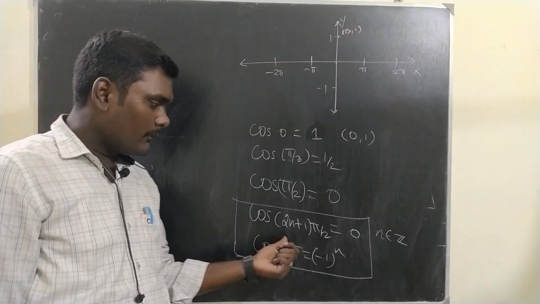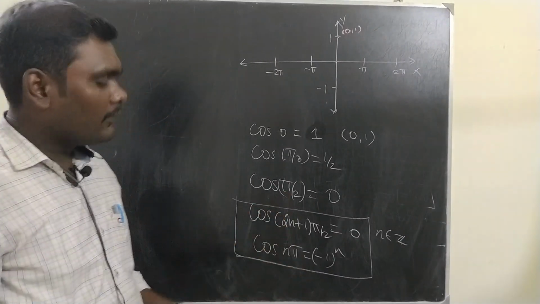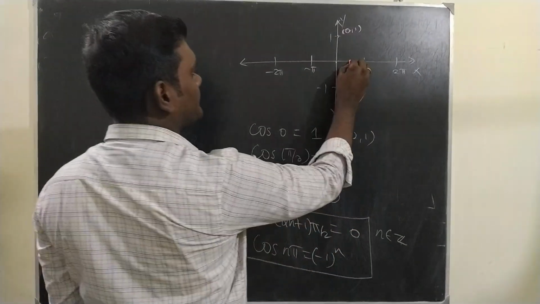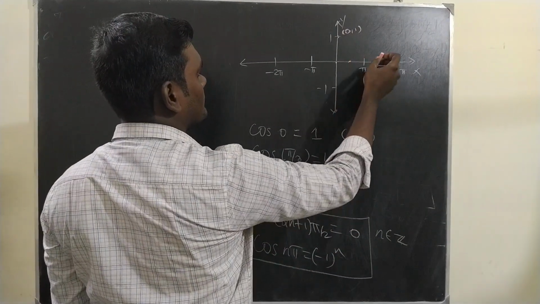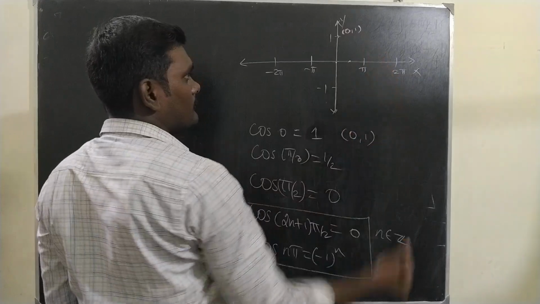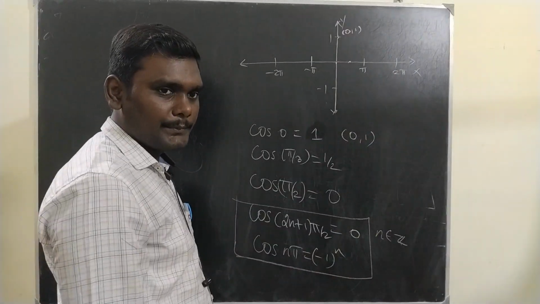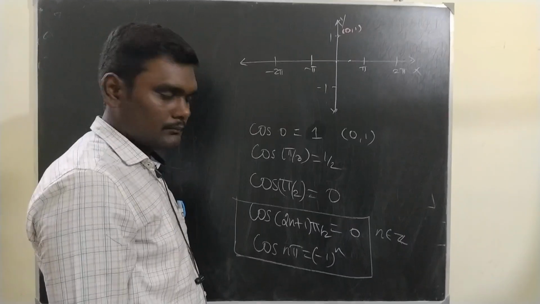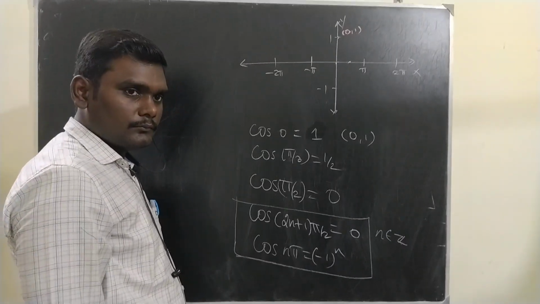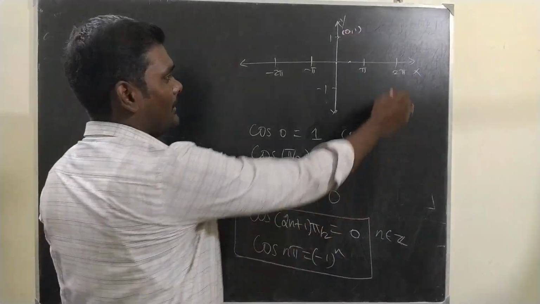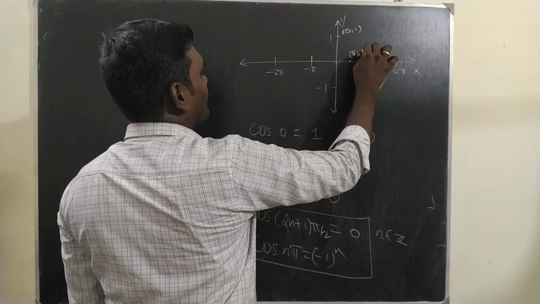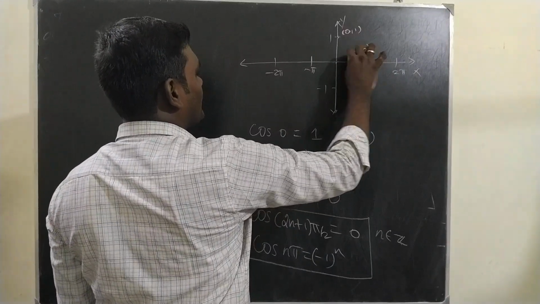Now tell me, cos pi by 2 is 0, then that point is what? 0 comma pi by 2 or pi by 2 comma 0? Yes, the substituted value comes first, then the other one. So pi by 2 comma 0.